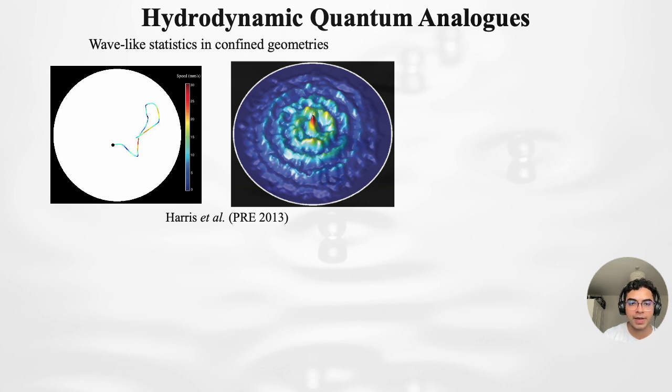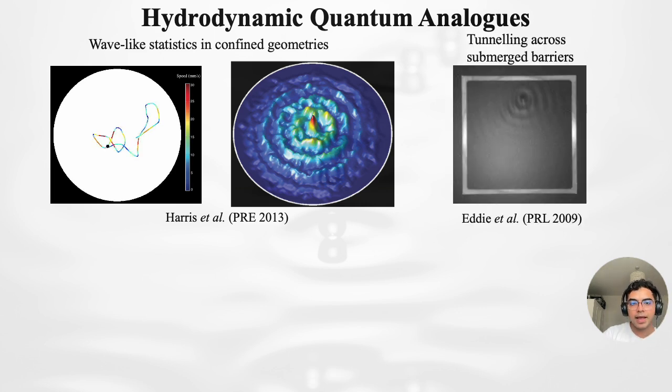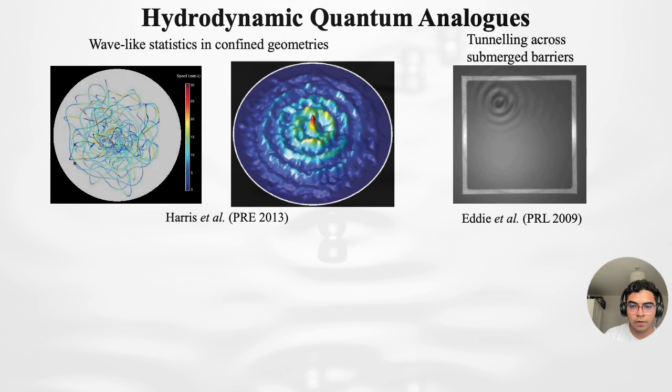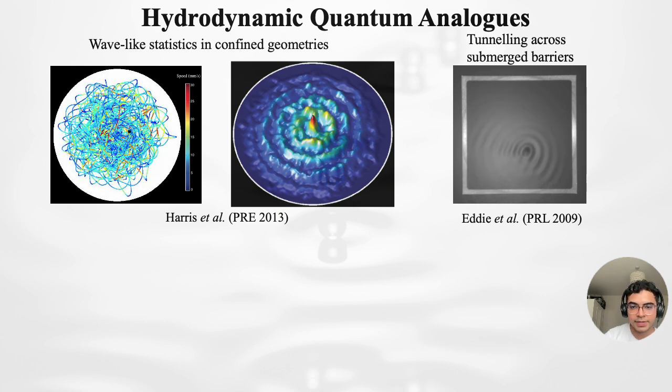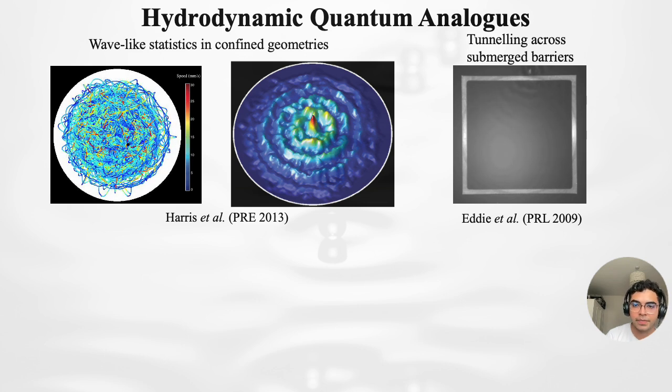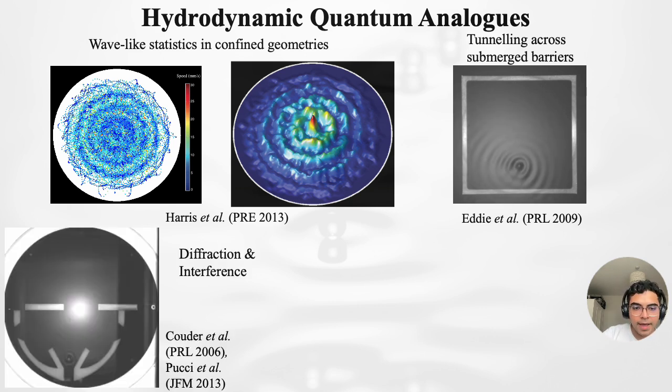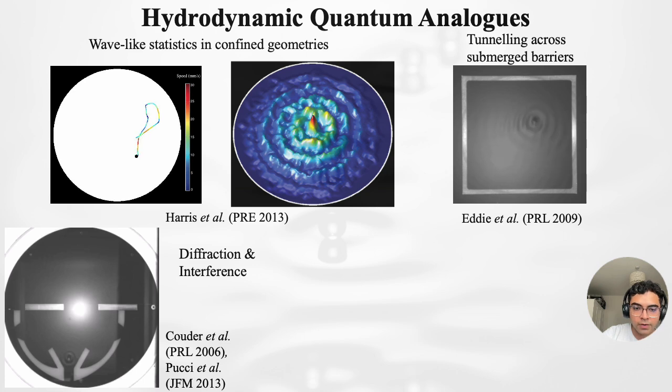So what we are seeing is that chaotic walking dynamics of the droplet inside the cavity results in the emergence of a coherent wave-like statistics. Another example is you can get an analog of quantum tunneling if you consider a droplet confined by subsurface barriers. The droplet will typically reflect from these subsurface barriers, but occasionally it can unpredictably cross these barriers, and you can get an analog of quantum tunneling. And then you can also have analogs of particle diffraction and interference.